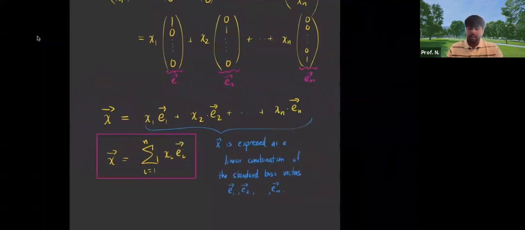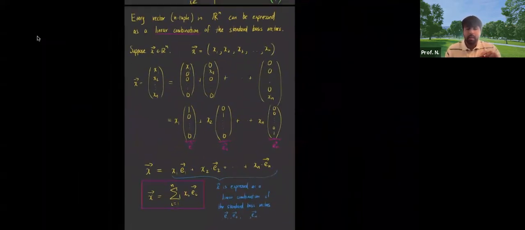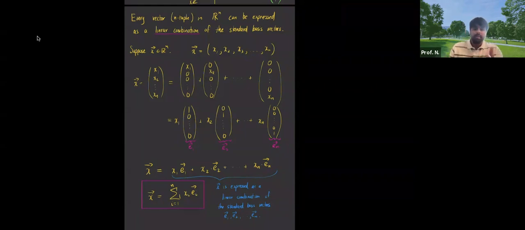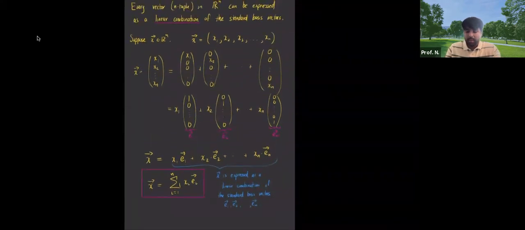Does everybody see that? So any vector in n-dimensional space can be written as a linear combination of the standard basis vectors. And hopefully now it's a bit straightforward.